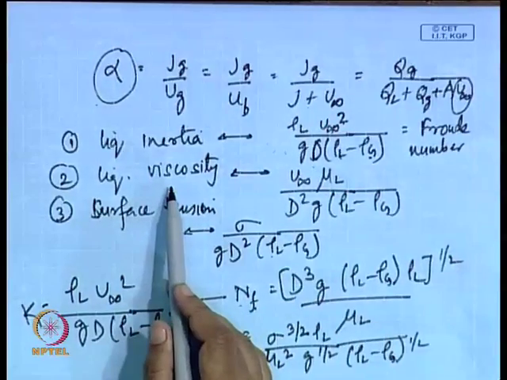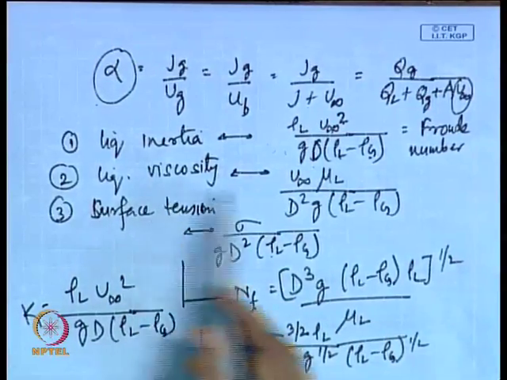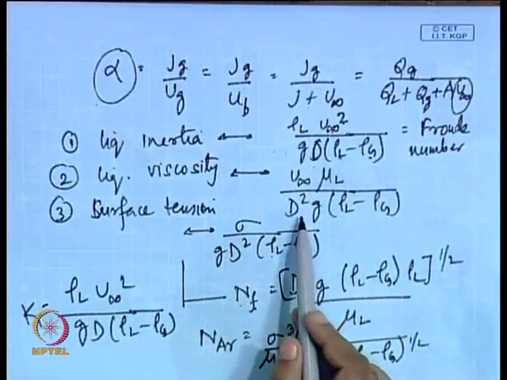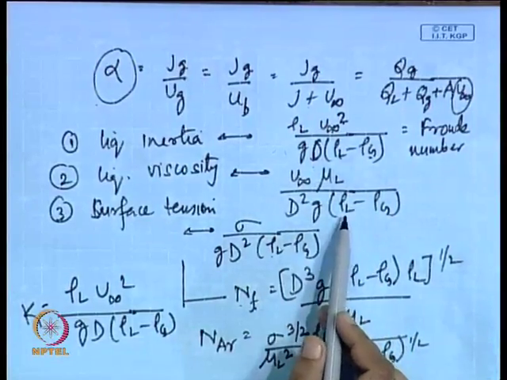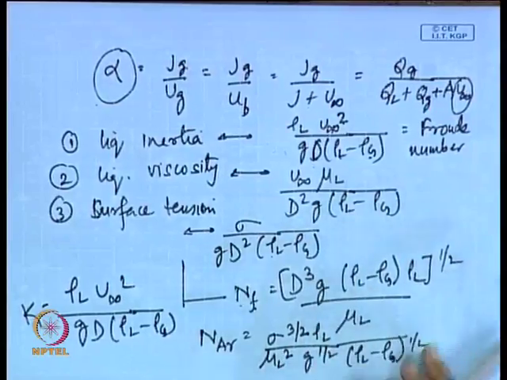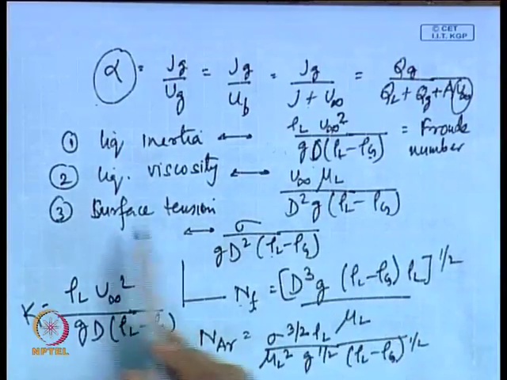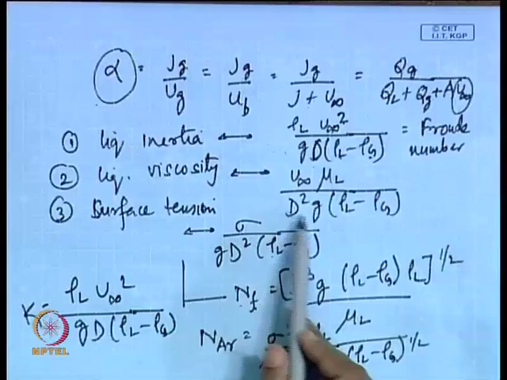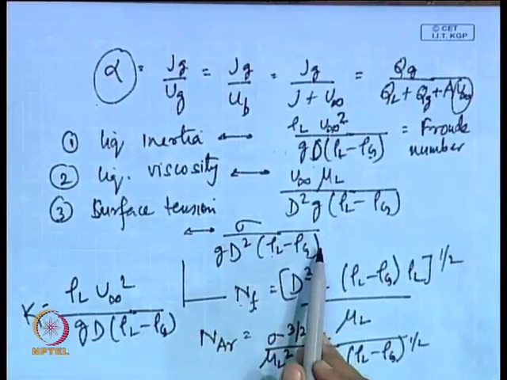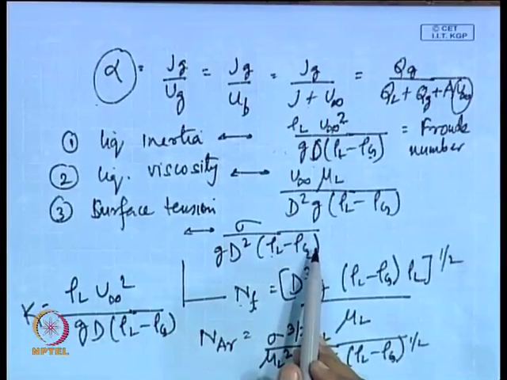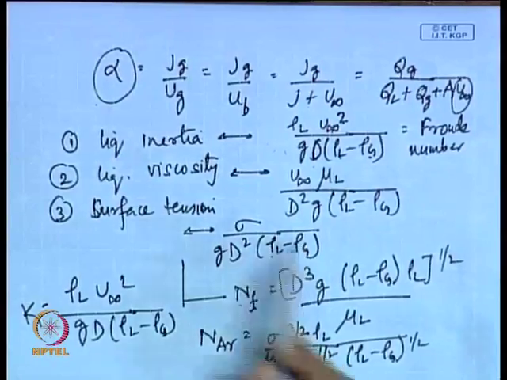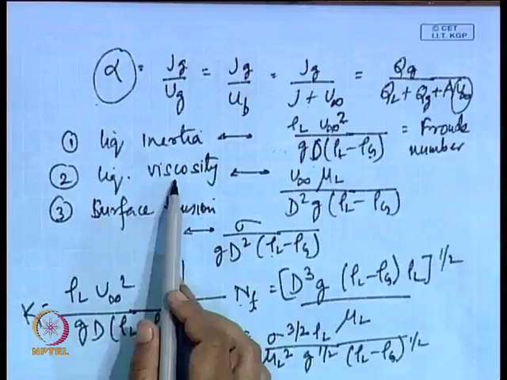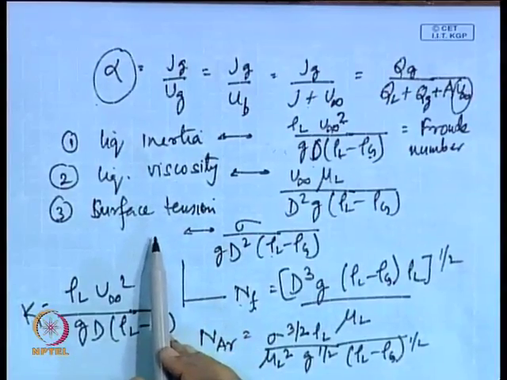When viscous forces are important, the balance of buoyant and viscous forces gives a sort of Eotvos number, though not exactly; it is an inverse viscosity sort of number that becomes important. And when surface tension is important, this particular number becomes important. Now, for air-water systems in ordinary pipes, liquid inertia is important, while viscous and surface tension forces are comparatively negligible.